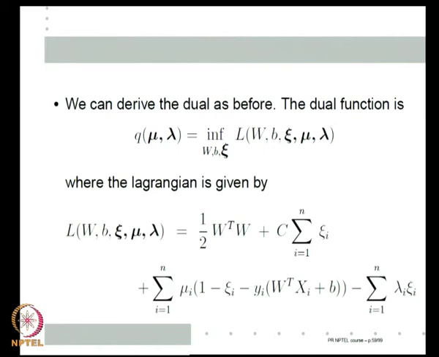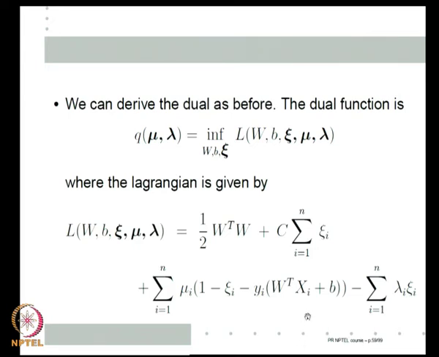The Lagrangian, as you have already seen, is given by this. So, basically for a given mu 1 to mu n and lambda 1 to lambda n, if I want the value of Q at that mu and lambda, I need to find the infimum of this expression at that mu and lambda with respect to W, B and all the Ji, right.